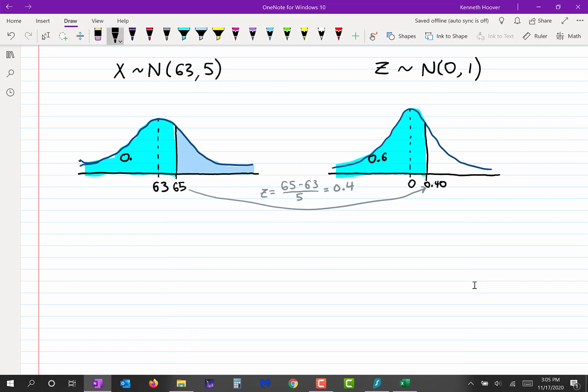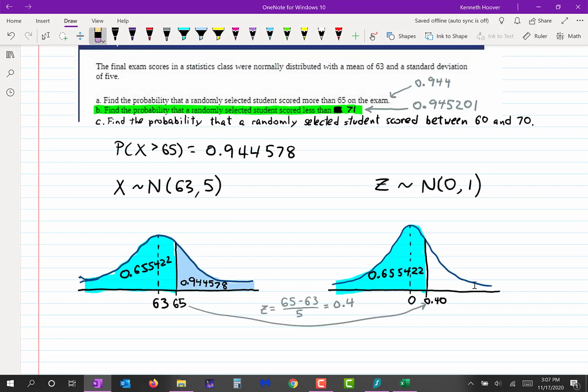So this is 0.655422, which means our area that we were looking for is 0.344578. Sorry, I made an error, didn't I? I said 9 when it should have been a 3. Sorry about that. Didn't mean to confuse you.